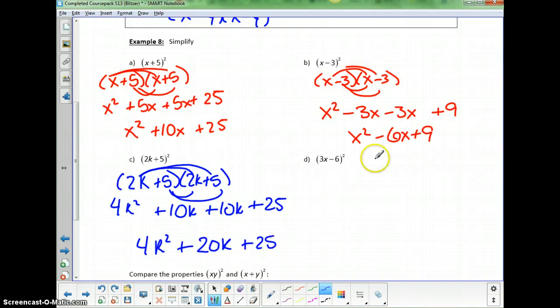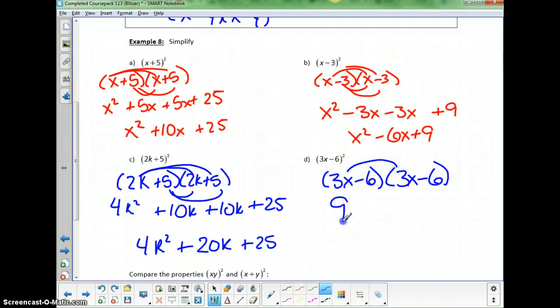And our last one here, if I want to square 3x minus 6, I better write that twice because I need to do the distributive property. So 3x times 3x is 9x squared. 3x times negative 6 is minus 18x. Negative 6 times 3x is negative 18x.